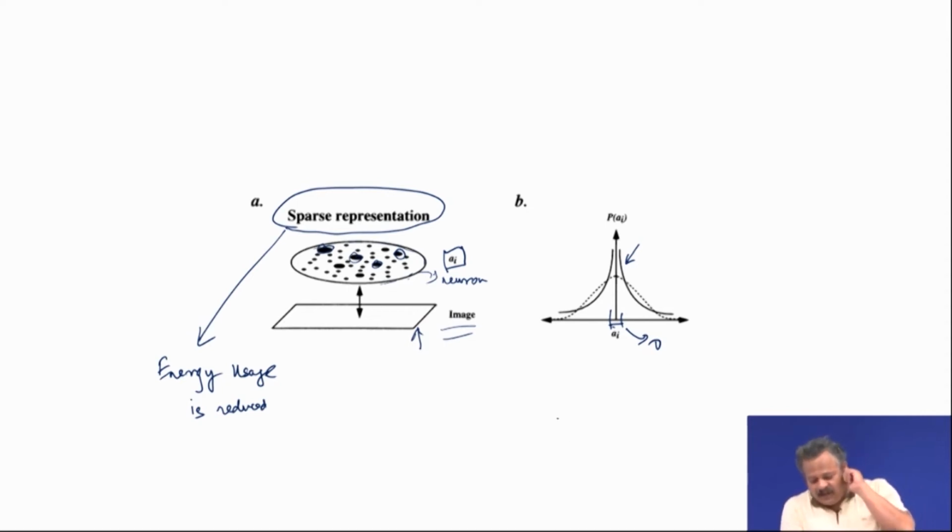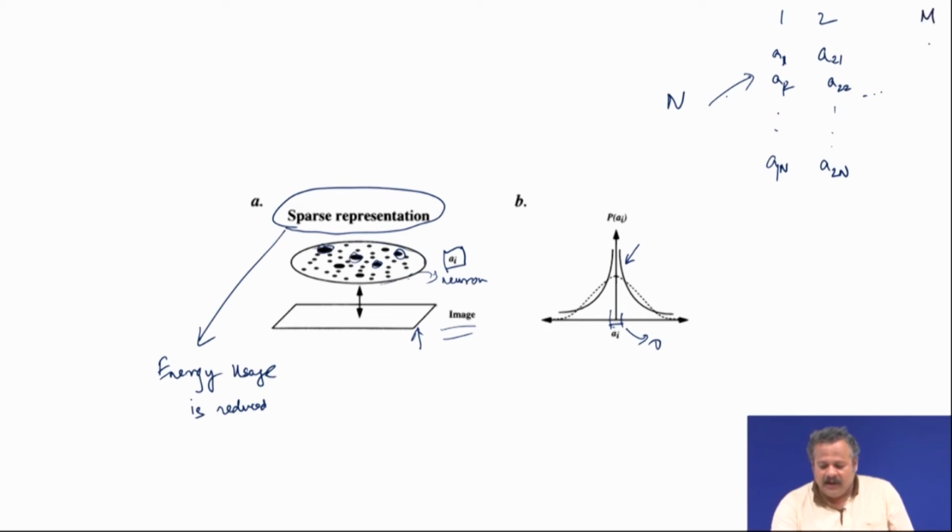So, if we have a system that has, let us say, capital N neurons, and they have activities A1, A2 up to AN for stimulus 1. For stimulus 2 or image 2, it is A21, A22, and so on, up to A2N. And like that, we have capital M images, AM1, AM2 up to AMN.